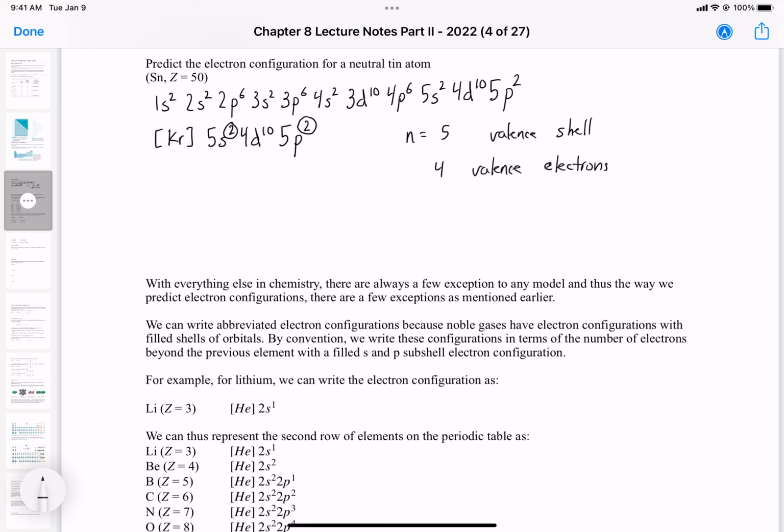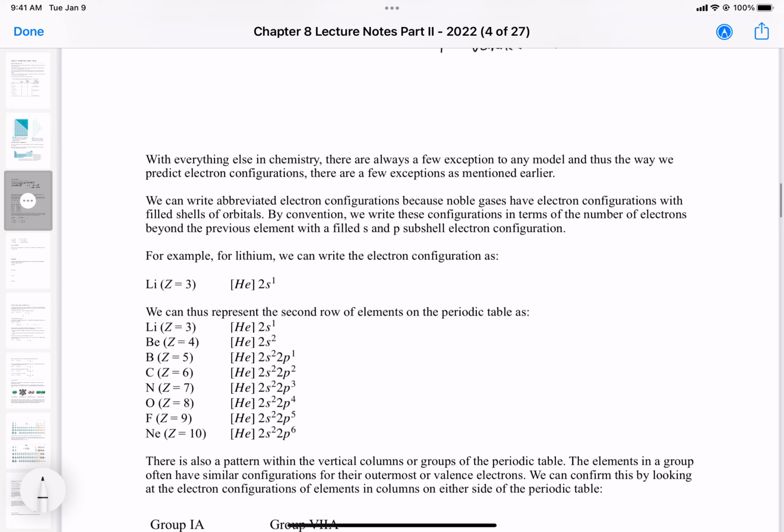For all the elements on the second row, we could write helium because we know it has the filled s shell of helium, and then what's left is the valence shell of electrons, so 2s and then 2p.